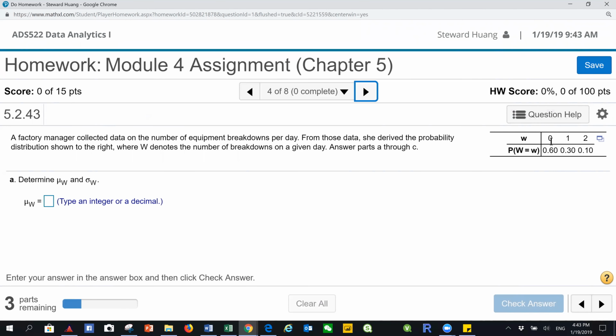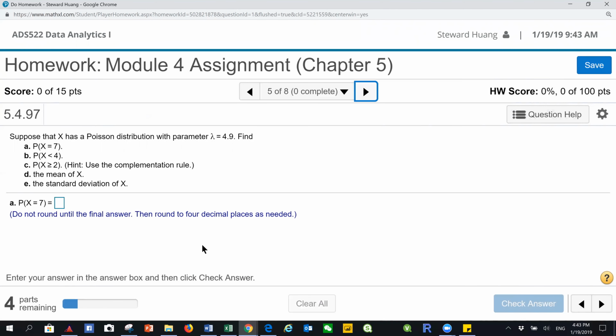You multiply each value, 0 and 1 and 2, with its probability, and take the sum of them. You get mu. And then use the formula, do similar things. You only change the value and its probability, and you will get the answers.